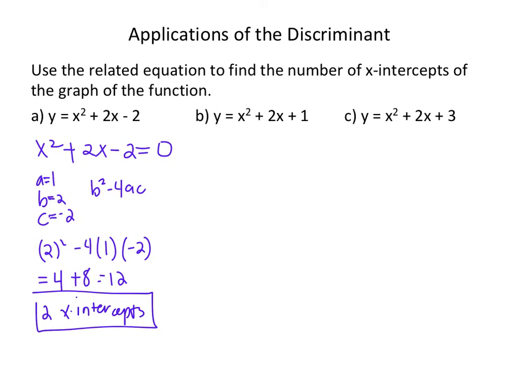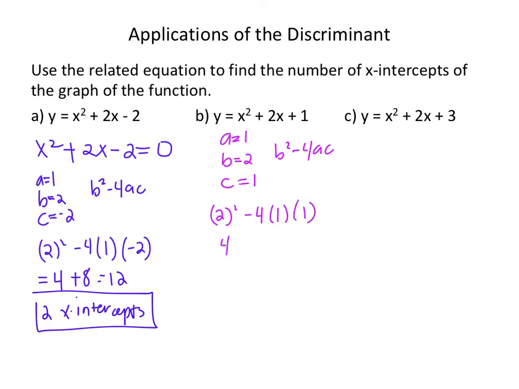Looking at this next one, we choose a different color here. Let's go with purple. Okay, so A is 1, B is 2, C is 1. B squared minus 4ac, 2 squared minus 4 times 1 times 1.